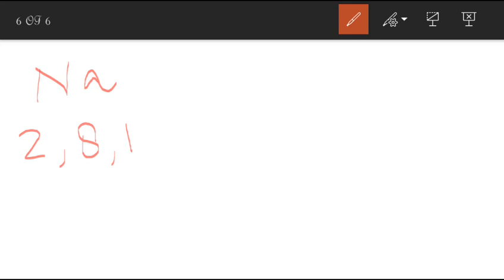An element can gain a maximum of only 3 electrons. In the same way an element can lose a maximum of 3 electrons. So here it is impossible to gain 7 electrons. Therefore it will lose an electron and it will get converted into Na positive.